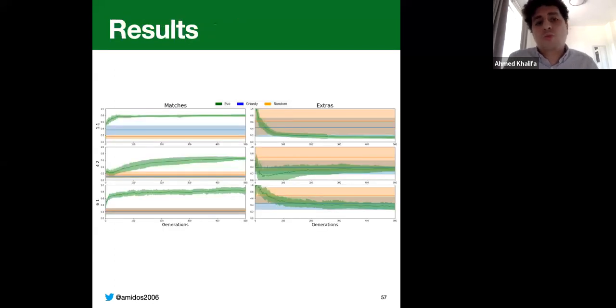When we ran everything, we looked at the match percentage of the generated level, and we can see that we get a decent match percentage, almost 80%, and the number of extras decreases over time to around 20%, which is okay, because it might not be able to reach 100%, since maybe the scenes we are combining don't have every single thing we want in that play trace.